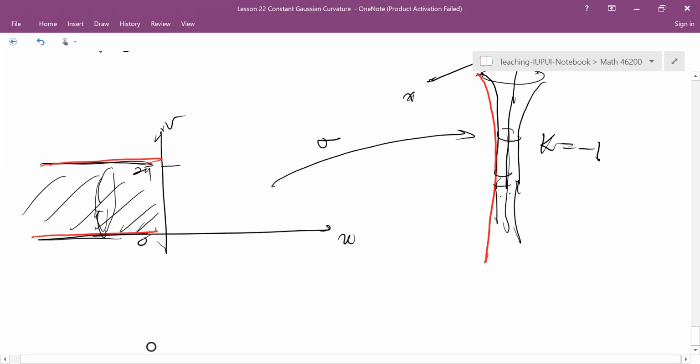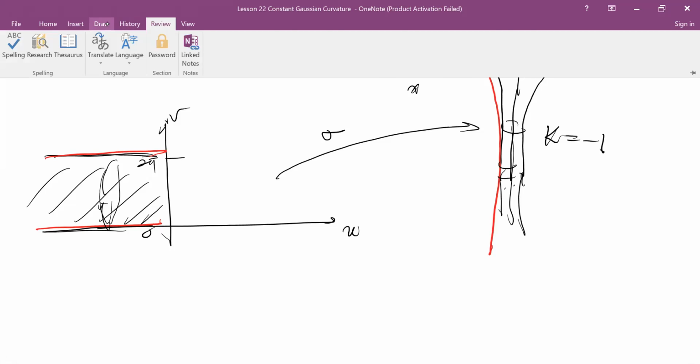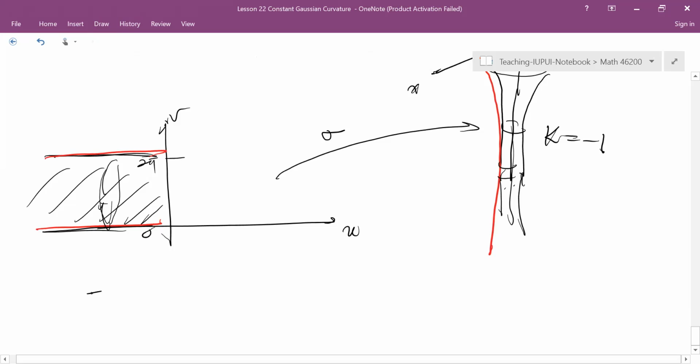I'm going to construct another. Okay, so this is the first fundamental form. Let's go back to the first fundamental form. How does it look? The first fundamental form, right? E is going to be 1, F is going to be 0. G, I remember, right? G is going to be f squared.